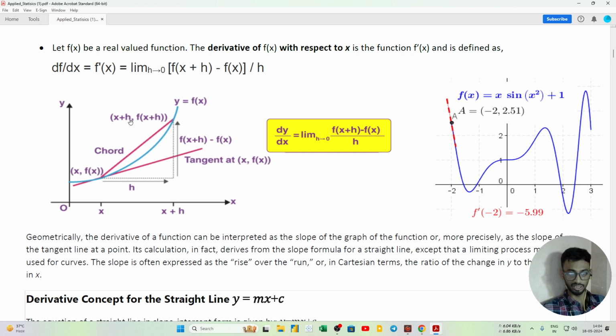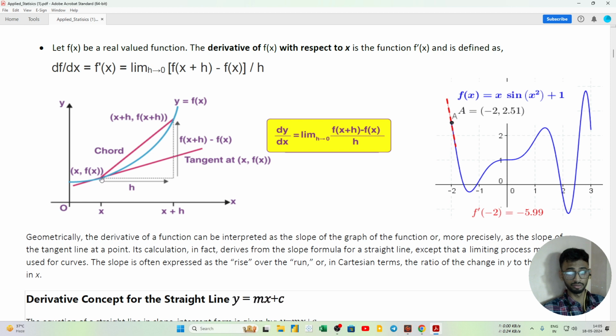Then take a point at x plus h, where the value of the function is f(x + h), and this is the point. The increment of x is denoted by h here.